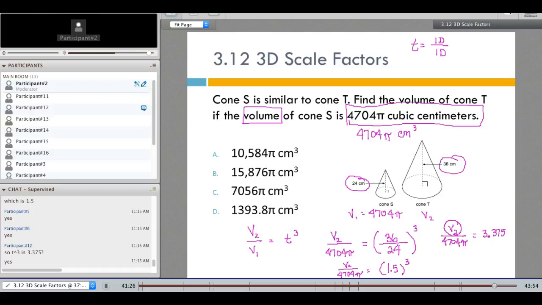Just multiply the decimal by 4704, because if you look at the answers, you want to leave pi in the answer, so don't convert it to 3.14. You would just simply write the pi at the end. Okay, so I took the 3.375, multiplied it by the 4704, and got 15,876. Yes, there you go, which is B.